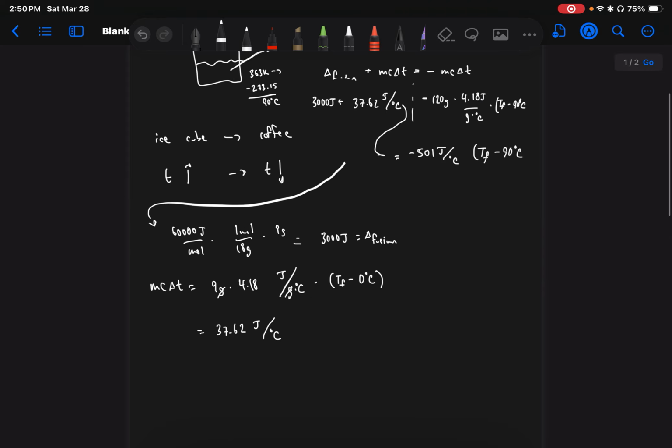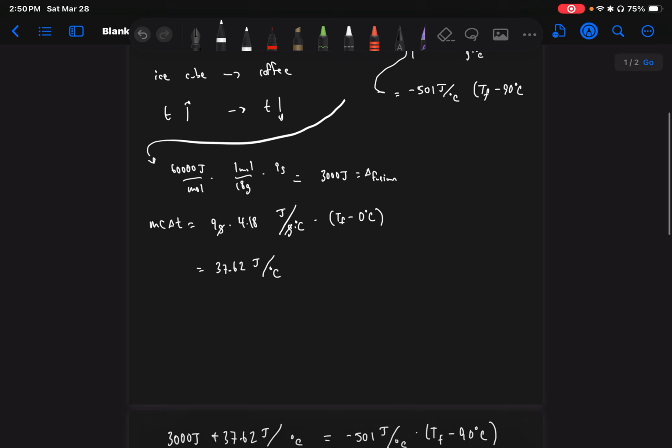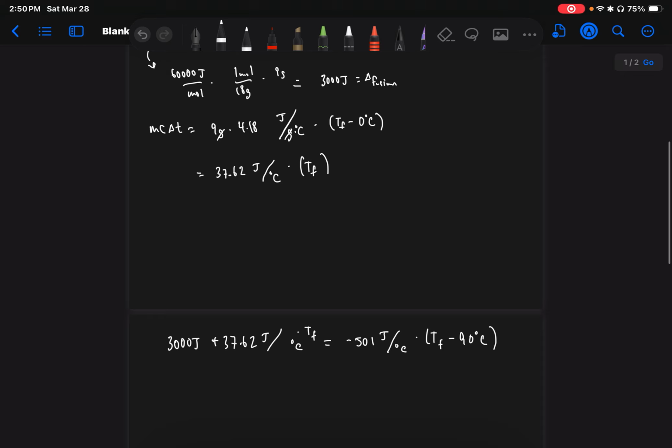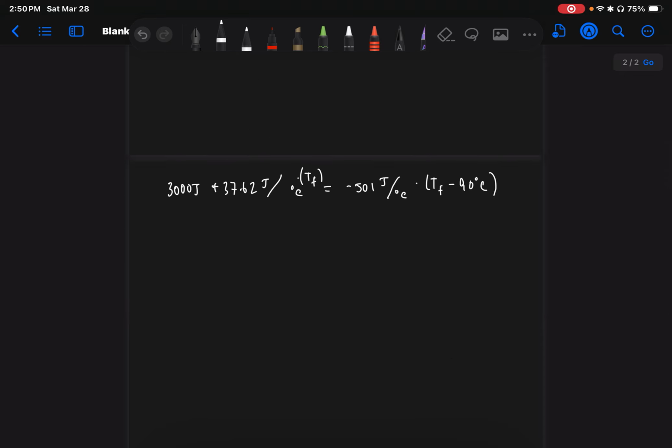Hold on, something's missing. 37.62 multiplied by TF. Okay, so now we just solve for TF. This can't be that hard. 3,000 joules equals negative 501 joules per degree Celsius times TF plus 90 times 501.